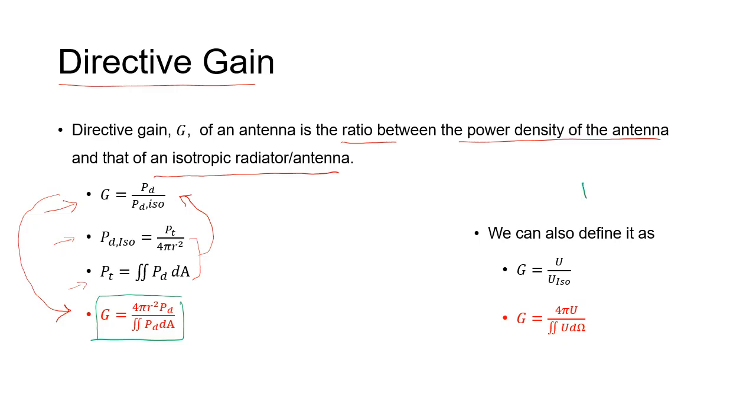As we know, power intensity is equal to power density multiplied by r squared, and then if you reformulate your equations here, you can get G equal to U over U isotropic, and also you can reach the equation that G is equal to 4 pi U divided by the double integral of U, but here in terms of omega.